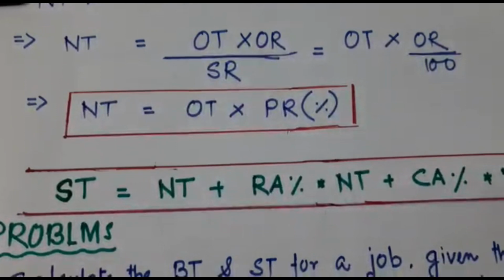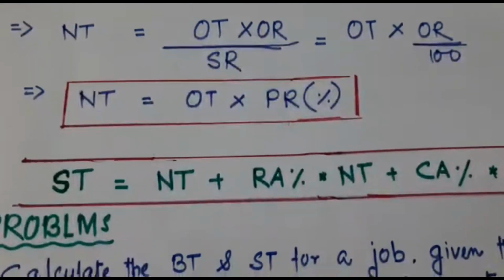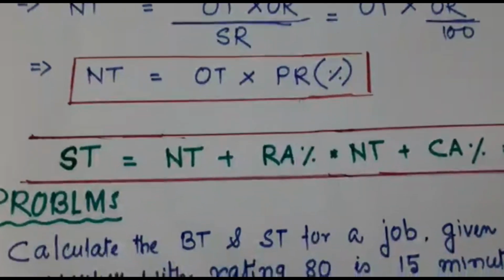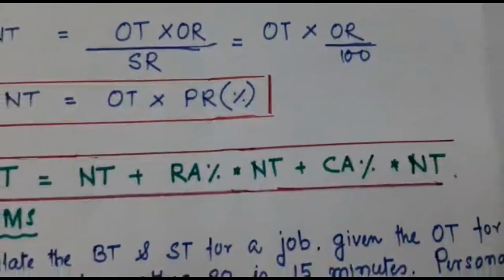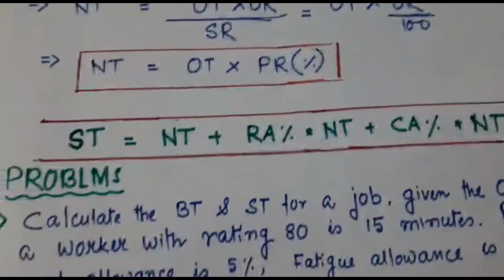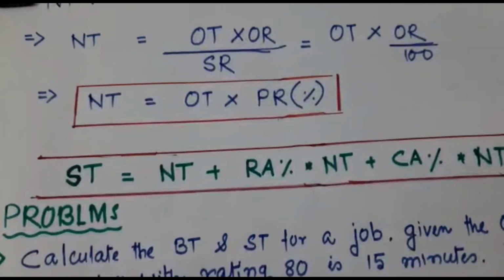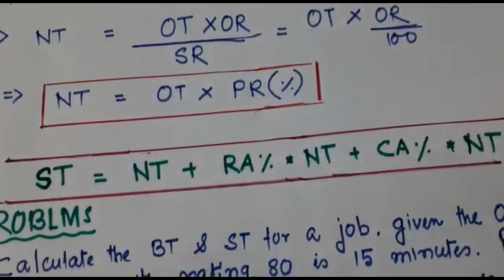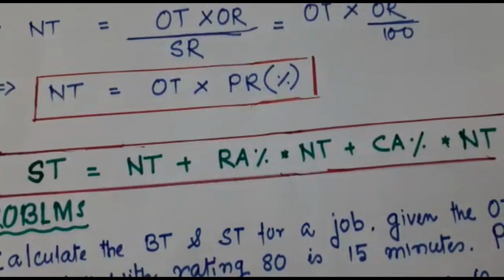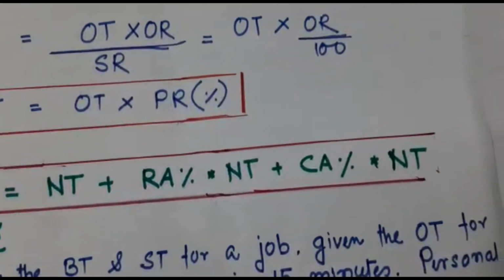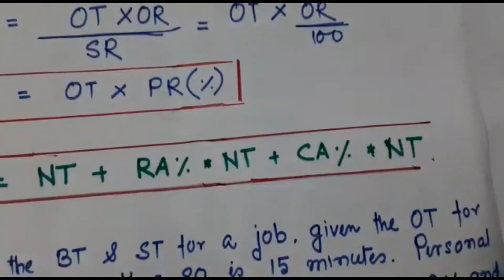Standard time is the time taken by a qualified worker in order to complete a job when he has been given some relaxation allowance as well as some contingency allowance. So standard time equals normal time plus relaxation allowance, which is always a percentage of your normal time, and also the contingency allowance, which is also given as a percentage of your normal time.